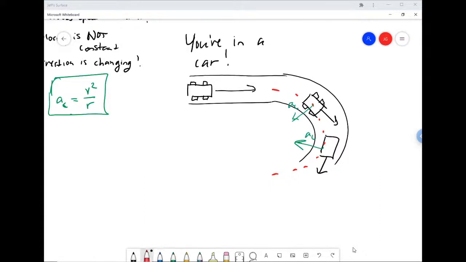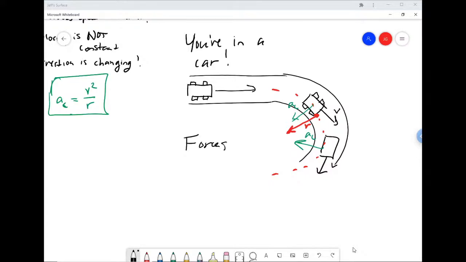The curve has a radius, and you're moving with constant speed, and the fact that you're accelerating toward the center of the circle means that there's a force pushing you in that direction. All right, so here's the foreshadowing.